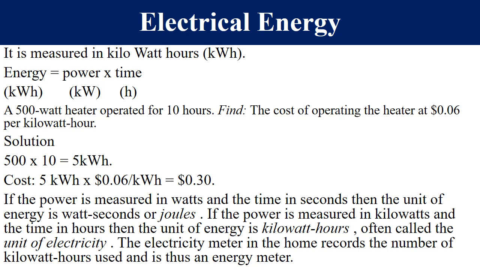At a cost of 6 cents per kilowatt hour, if we multiply the two, we get 30 cents. That is the cost. Please take note that if the power is measured in kilowatts and the time is in hours, then the unit of energy is kilowatt hours. This is the often used unit of electricity when we pay our utility companies.